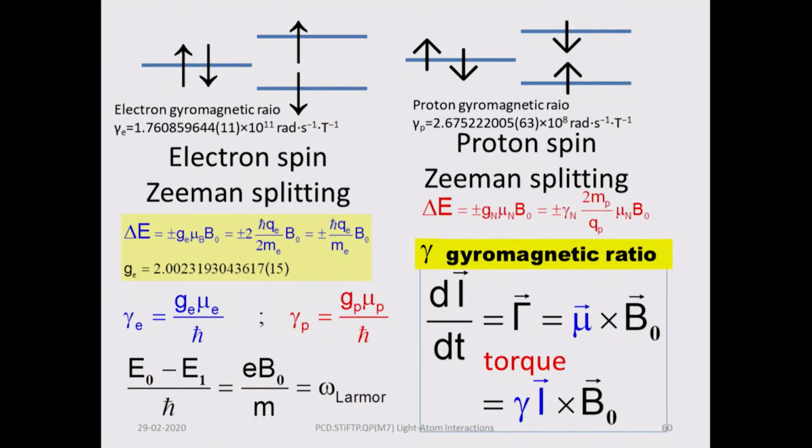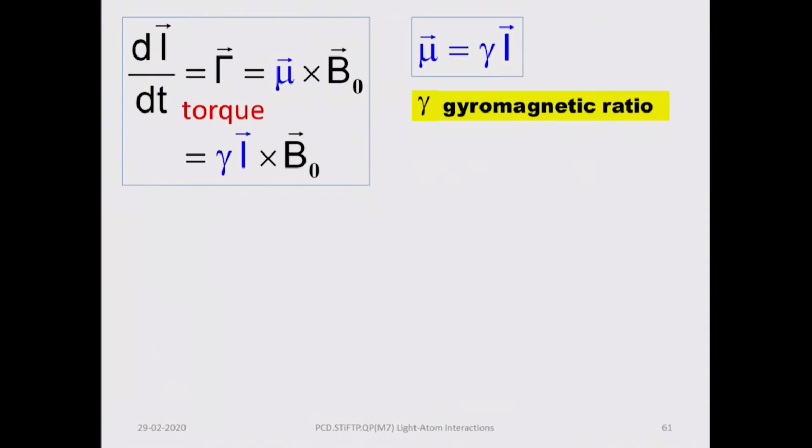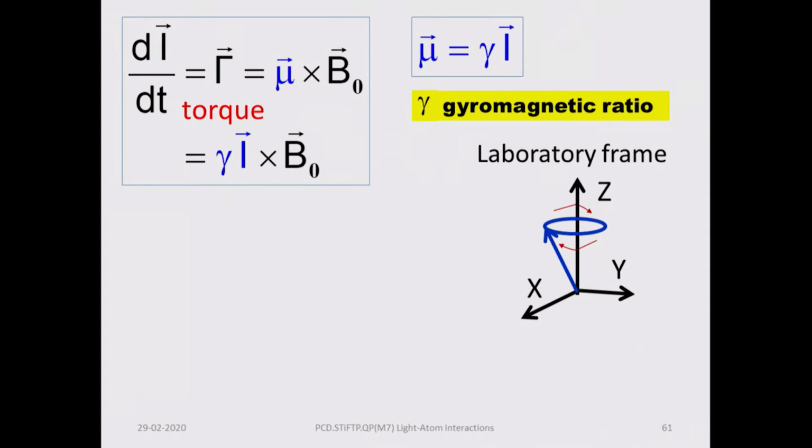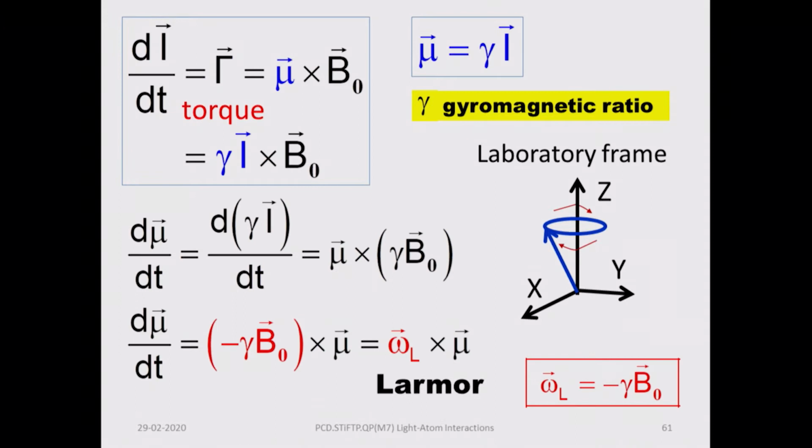The angular momentum changes, and basically it is the direction of the angular momentum which keeps changing because of this torque, which is mu cross B. The magnetic moment is proportional to the angular momentum, the proportionality being the gyromagnetic ratio, and this torque causes a precession in the laboratory frame at the Larmor frequency, omega, which is minus gamma B0, as you can see.